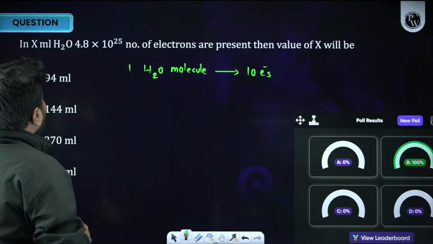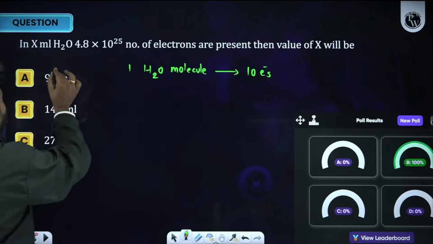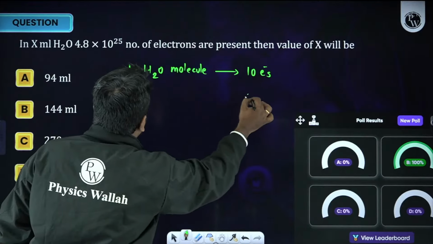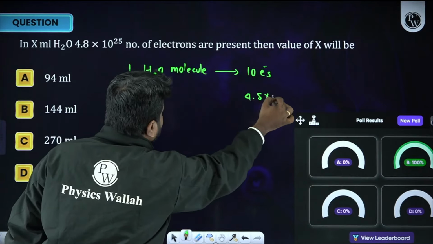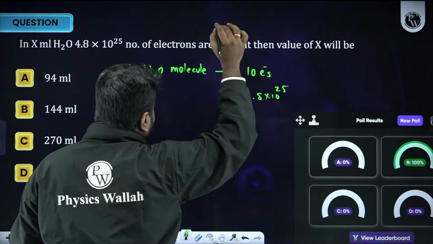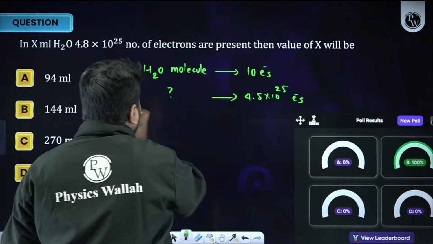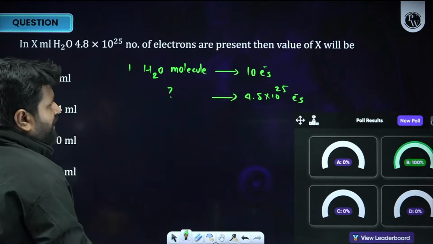Now, in X ml of H2O, this many electrons are there, that is 4.8 into 10 to the power 25 electrons. How many molecules will be present? Just cross multiplication, right?